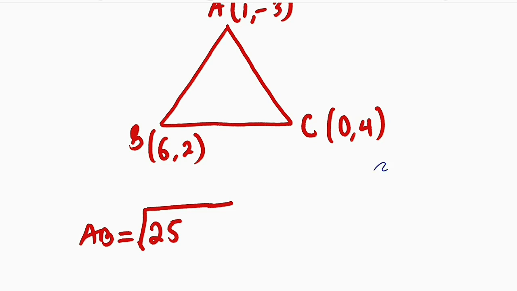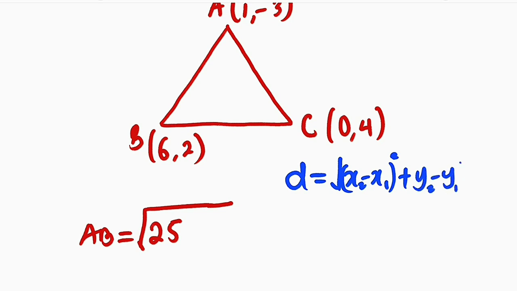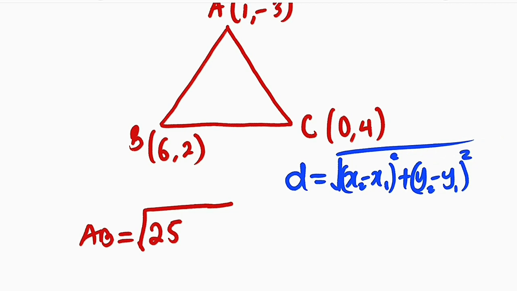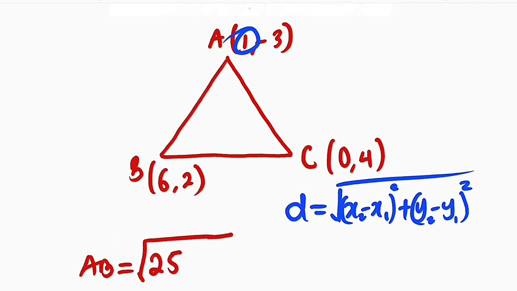I can write the formula for you as the distance d is equal to the square root of x2 minus x1 whole squared plus y2 minus y1 whole squared. So this is how to find the distance. So you can see that 1 minus 6 is minus 5. And minus 5 squared, meaning minus 5 times minus 5, is 25.